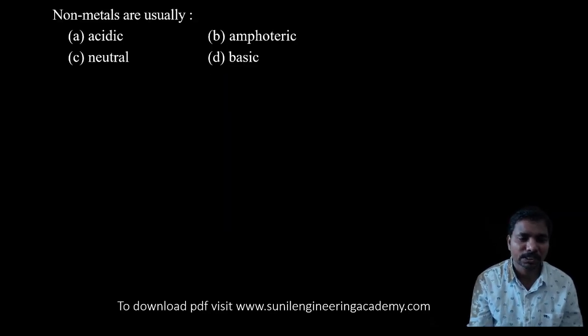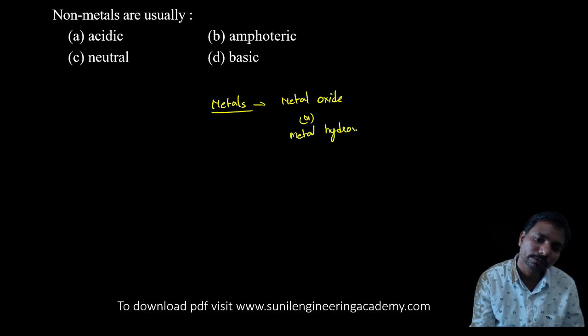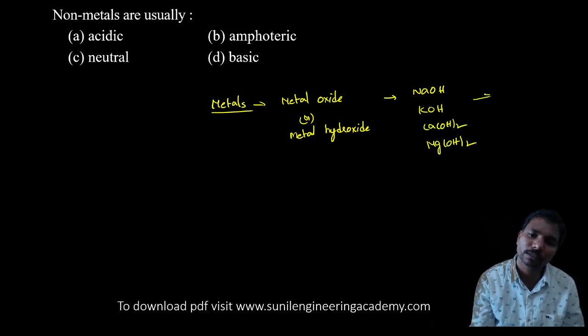Non-metals are of which nature? So we know very well all the metals form metal hydroxides or metal oxides, like NaOH, KOH, calcium hydroxide, magnesium hydroxide. All these are basic in nature, bases.